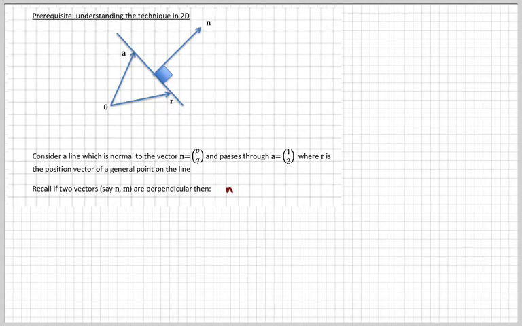So what can we say then? Okay, so we can say that n dot m equals 0 if 2 vectors are perpendicular. So now which 2 vectors are perpendicular on this line, or in this diagram rather? Well, the 2 vectors that are perpendicular are the vector r minus a and n. So we can say r minus a dot n is equal to 0. That must be true.